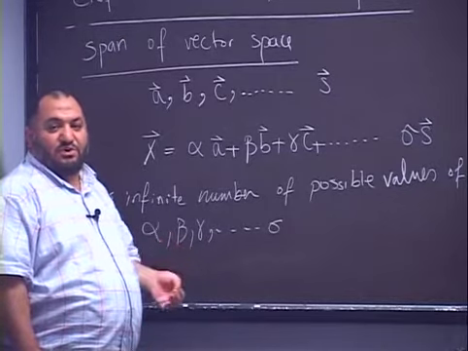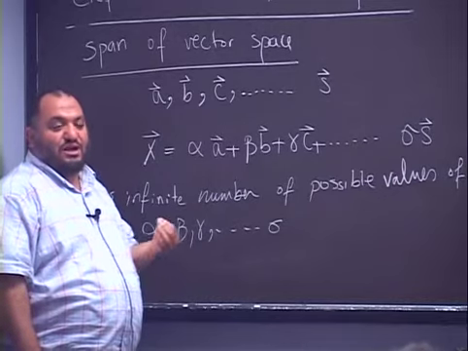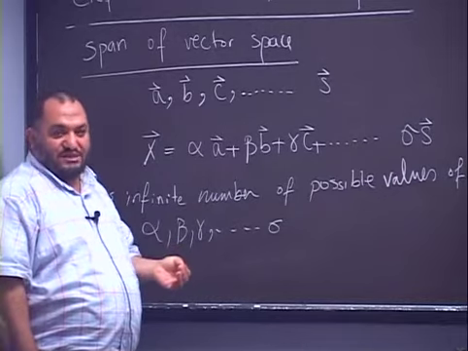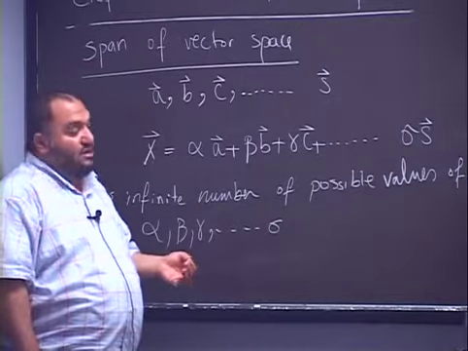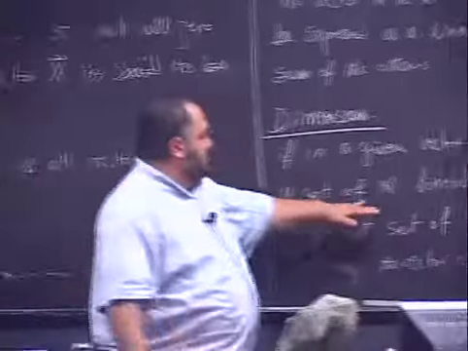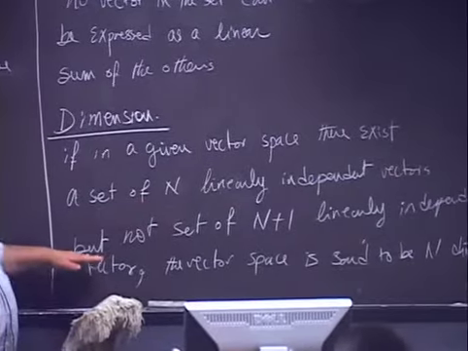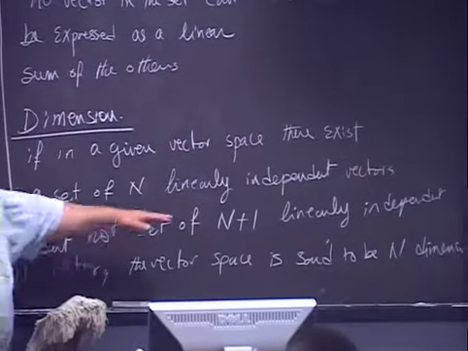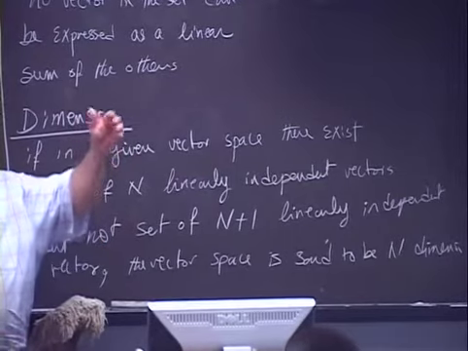So the number of linearly independent vectors I can form in my vector space is the dimension of this vector space. But let's assume that I found a set of n linearly independent vectors, but there is no n plus 1, there is no 7. There is no 8, there is no 10.